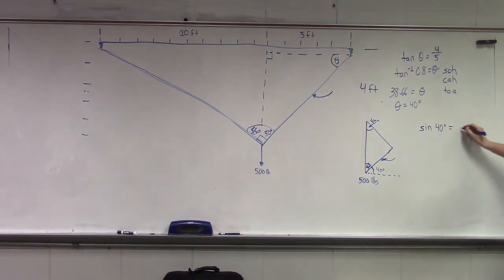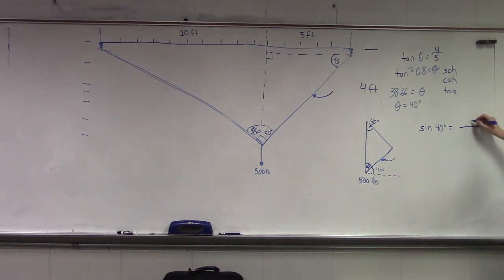What would be in our numerator? Opposite over hypotenuse, so that'd be x over 500. And so x equals 500 times sine of 40 degrees.